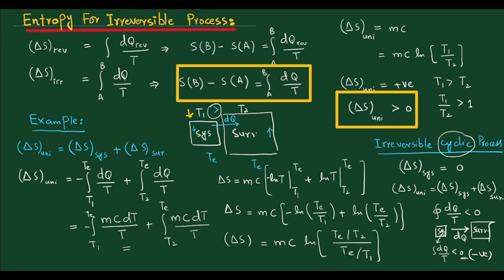According to the Clausius theorem, the change in entropy for the surrounding is not zero, it will be a positive number. The change in entropy of the system for the irreversible cyclic process is zero, but the change in entropy of the surrounding is not zero, and we will discuss here the change in entropy for the universe.